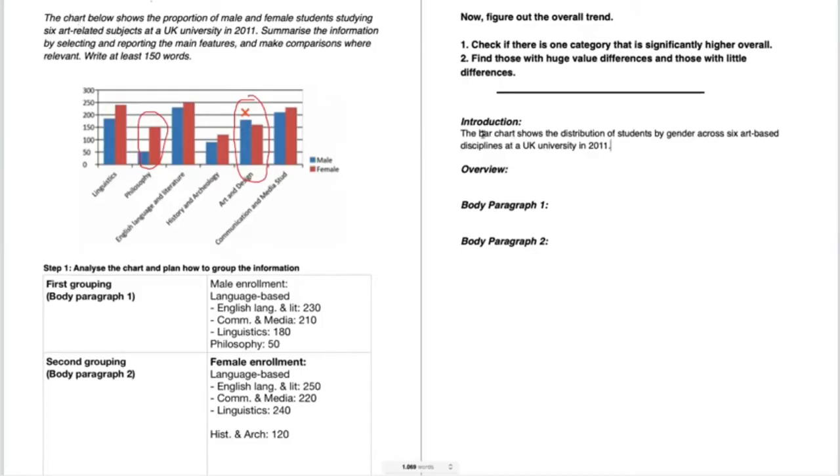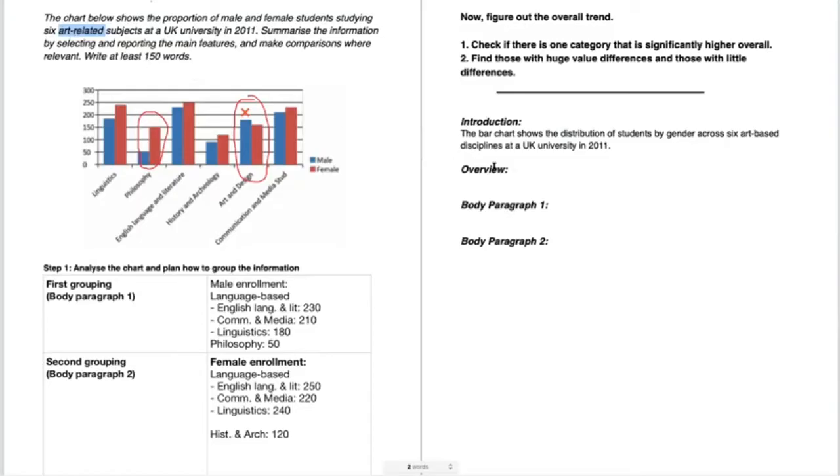So I said the bar chart because we know it is a bar chart. And it says it shows the proportion of male and female students. I said shows the distribution of students by gender. So this is a different way to say the proportion of male and female students across 6 art-based disciplines. So I don't want to change art because I know that it is art-based. It's just a different way to say art-related, but I do want to include that detail.